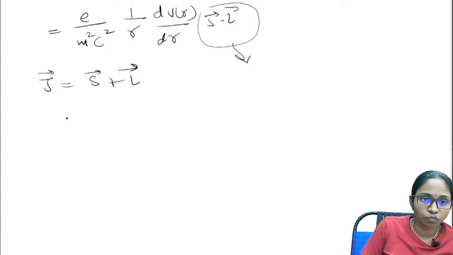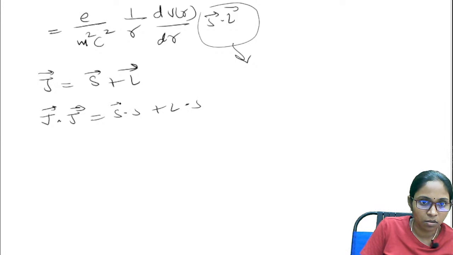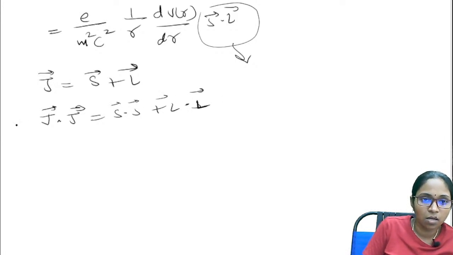From here you just take the dot products of J with J, S with S, and L with L. You will have J square. J dot J will be J square.